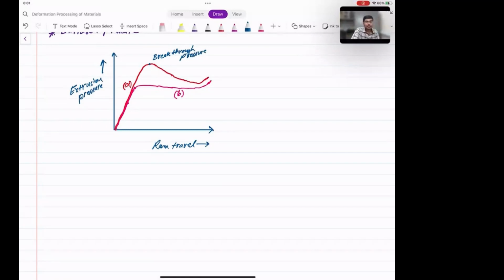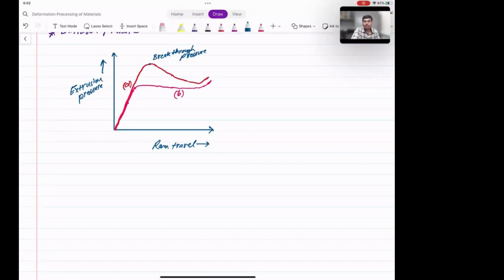Basically, the flow stresses are the stresses which will lead to deformation of this particular billet or material. Okay, so here this particular value of pressure is known as the breakthrough pressure, and once this value is reached, the container gets filled completely. Now after this the billet will start to get extruded and the extrusion process will begin.